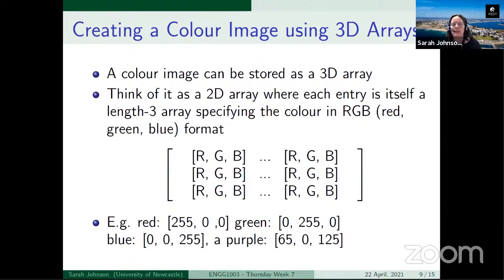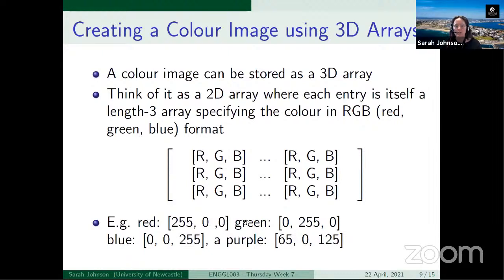If you're not familiar with it, an RGB color code specifies for every single color you might want to use how much red is in it, how much green is in it, and how much blue is in it. Then you mix that amount of red, green, and blue, and you get the color that you want to produce. For example, if you want pure red, you give the maximum value for red, which happens to be 255, and you say you want no green and no blue.